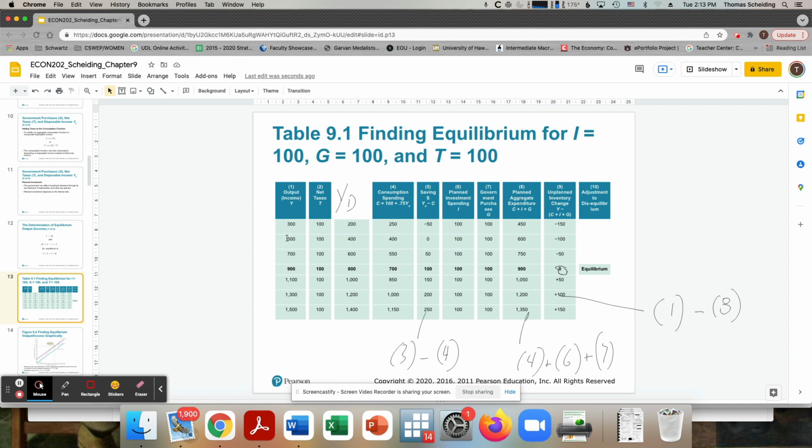But for every $200 increase in Y, we're increasing our consumption by 150, which is essentially 75 times 2. Okay.